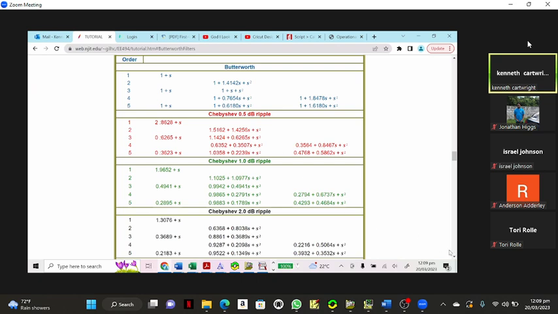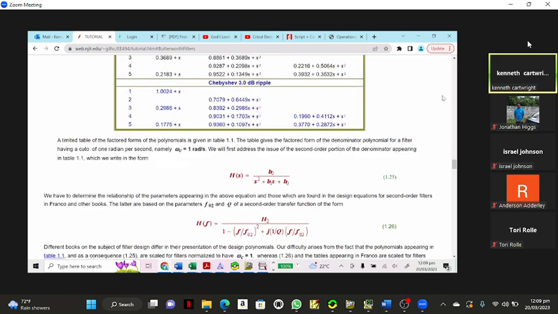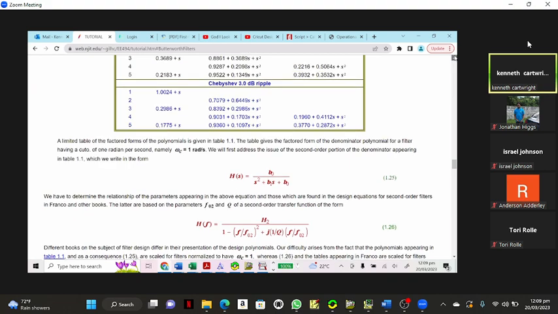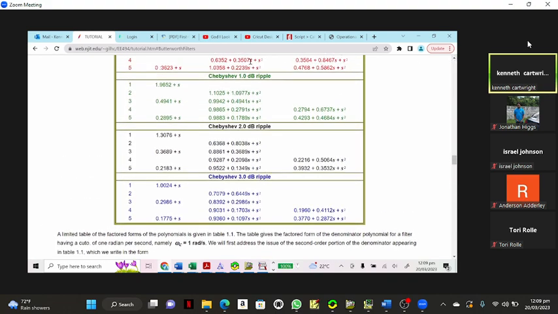Whereas now the 1 dB ripple, the first order is this, and the second order is this, and the third order is this times this. And same is true of the 2 dB ripple and the 3 dB ripple.